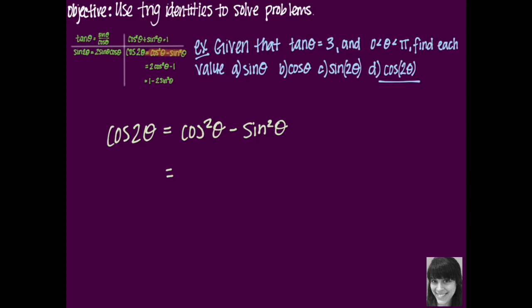We know that cosine of theta is square root of 10 over 10, and that's squared, minus the sine of theta, which is 3 square roots of 10 over 10 squared. And I'm pretty sure that you guys can evaluate this on your own, so I won't waste time. We get -1/5.